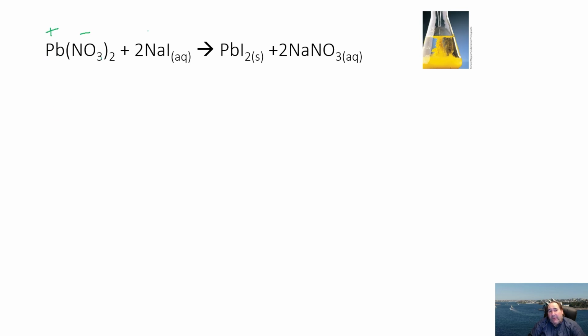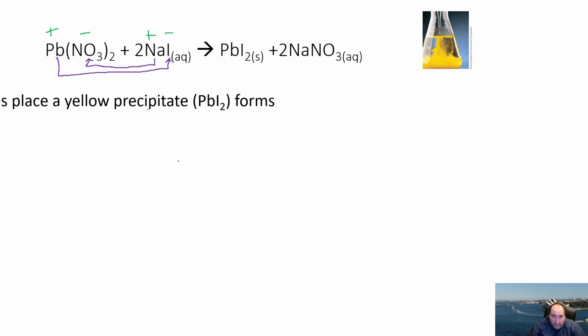That's sodium iodide, which is also a positive and negative compound. Double displacement is the type of reaction that will have 2 ionic compounds, so as soon as you see 2 ionic compounds, you should know it's a double displacement reaction. And you should know that these 2 are going to get together, and these 2 are going to get together on the other side of the arrow.